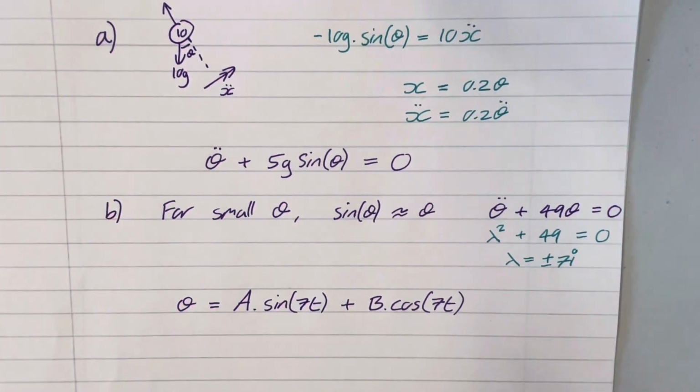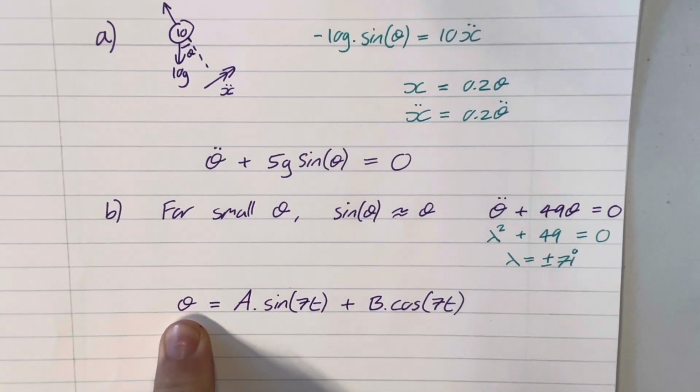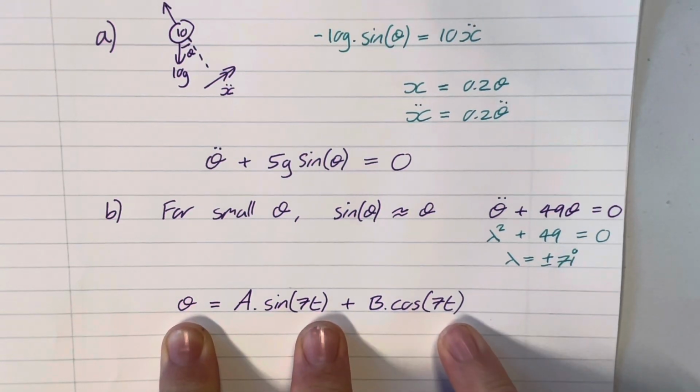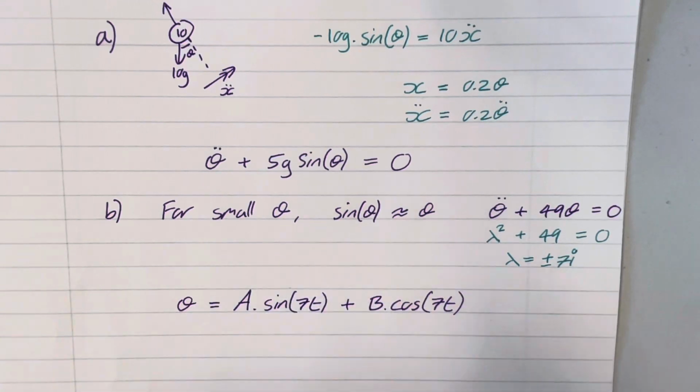And of course you could have the sines and cosines the other way around. That is absolutely fine. Feels a little bit wrong because we've got the angle outside of the trig and we've got time inside the trig, but I can assure you this is the correct answer. Don't forget it is, though, an approximation to the motion.